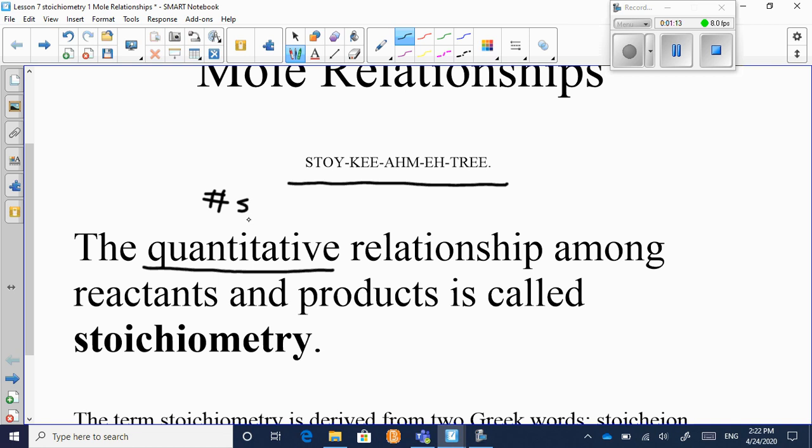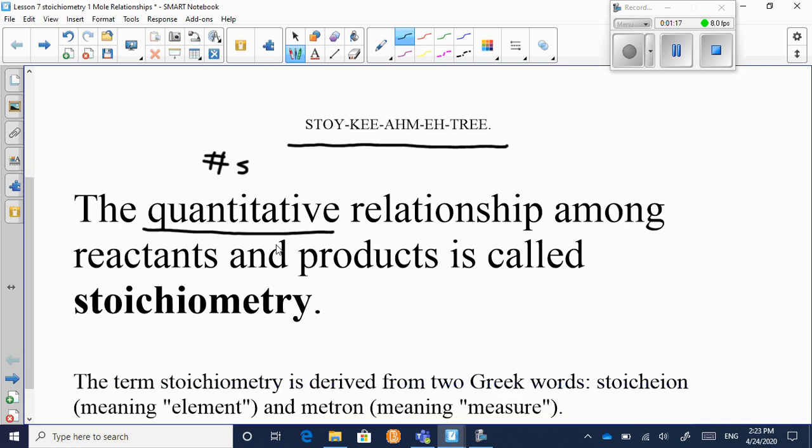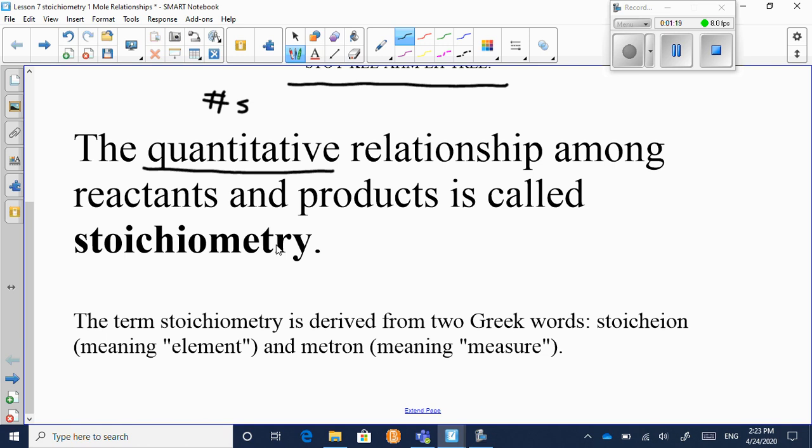So, how many or how much of each are we going to use? And just out of interest, the term stoichiometry is derived from two Greek words, stoichion, meaning element, and metron, meaning measure. So a measure of the elements.